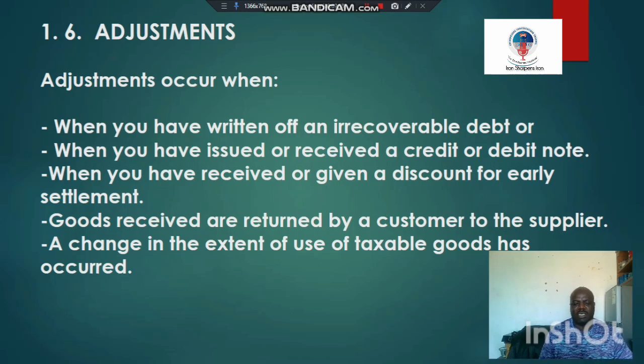Now, the conversion. This line on the adjustments on your VAT returns refers to one. You might have to make adjustments on your VAT return based on one or more of the following scenarios: where you have written off a debt of a customer, the customer is no longer able to pay you because maybe you cannot trace them or they no longer have an income; when you have issued or received a credit or debit note.